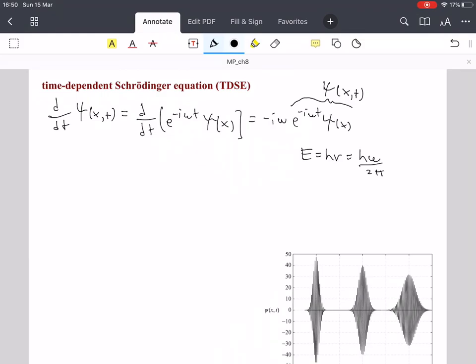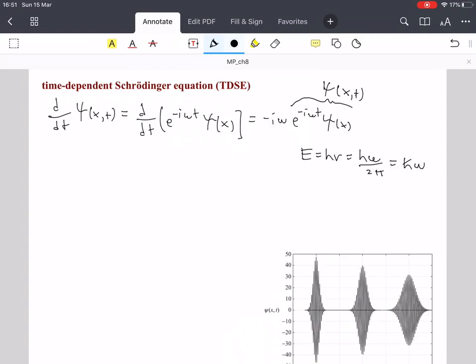We know that h over 2 pi is h bar, so that's another way of writing the Planck relation, E equals h bar omega. And then what we can do is just rewrite this as E times the wave function.